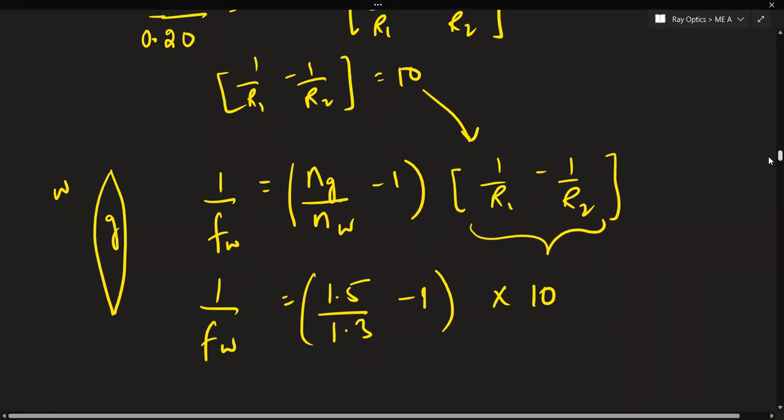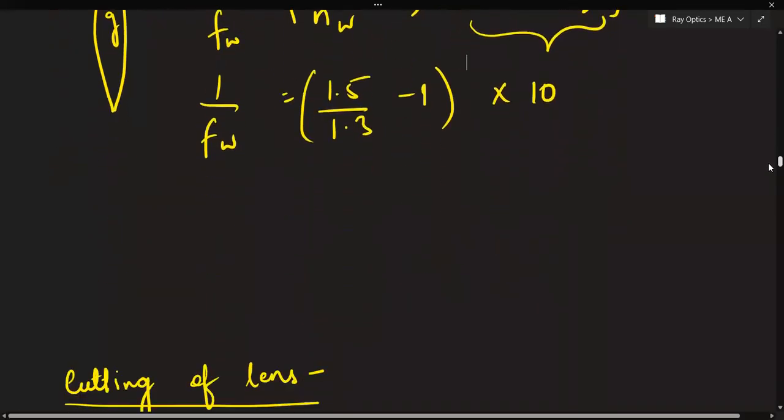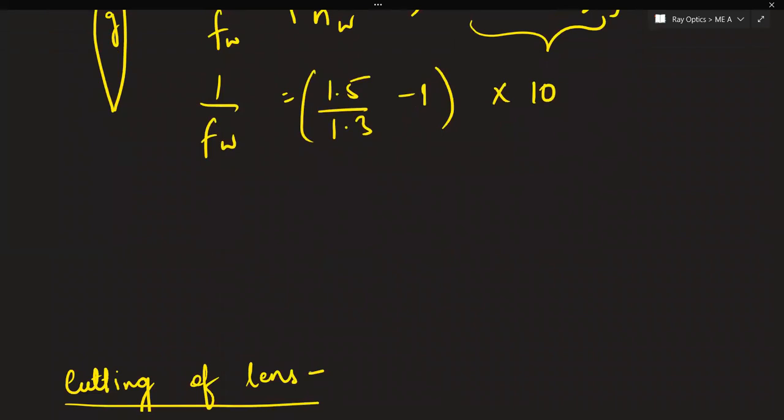So now I hope you are understanding how to solve this. It will simply be this ratio, and we'll have the value of focal length. So this will be 0.17 if we take the LCM, so around 0.17 into 10 by 1.3.